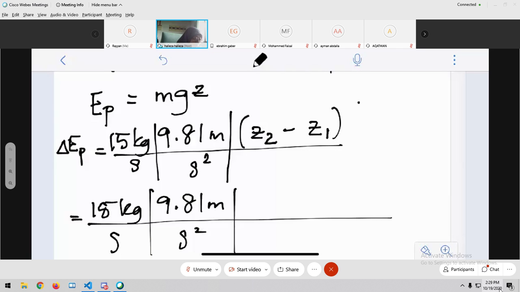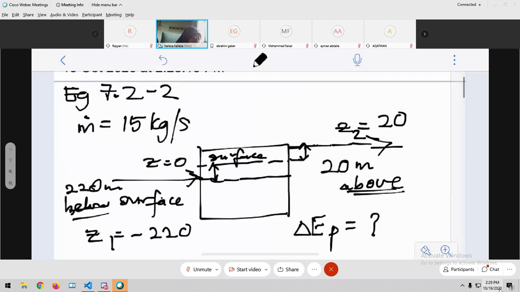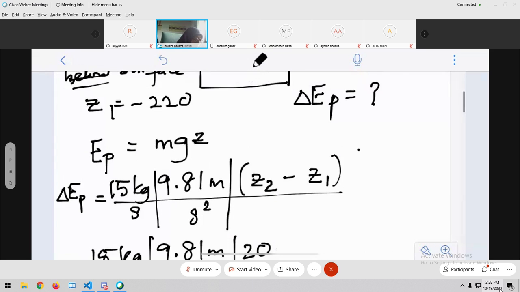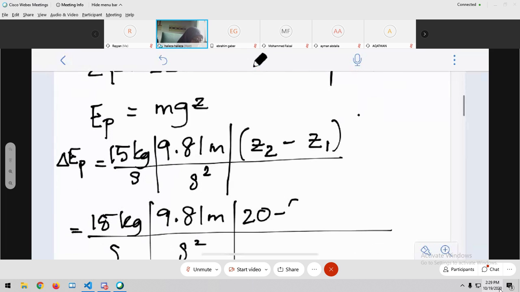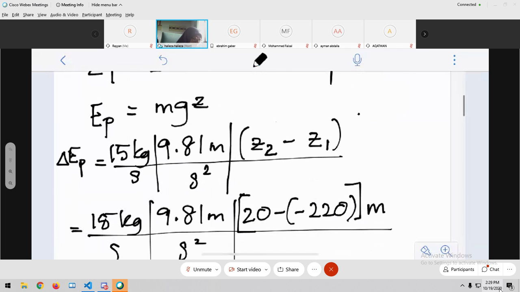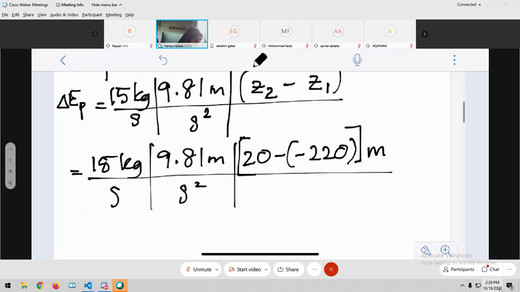So z2 just now is positive 20 minus 220, and the whole thing is in meter. Below is negative. So if you calculate that, what will you get? Somebody? What will you get? I need to cancel the unit later on.